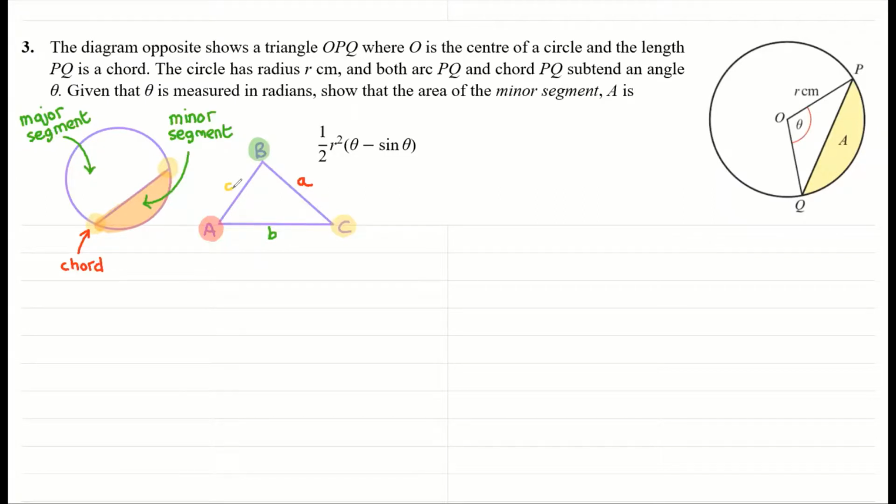Okay. Now, suppose I wish to find the area of this triangle. All right, so let's just have a go at that. So recall, the area, well, there's a few different ways I could do this.